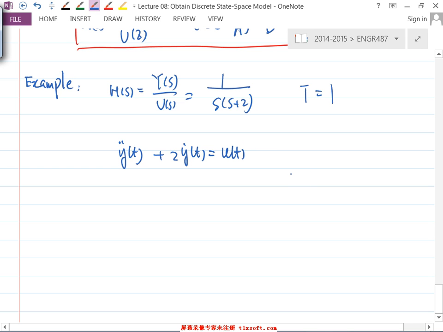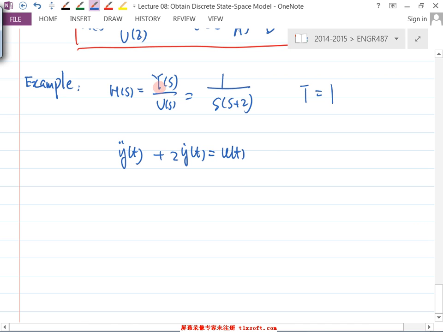Okay? And then based on this differential equation, it's just like a difference equation. Remember in the previous lecture, how do I get the discrete model from a difference equation? I pick the states, right? You pick a state variable here. So here's what we pick. This y is output. Suppose y represents position.